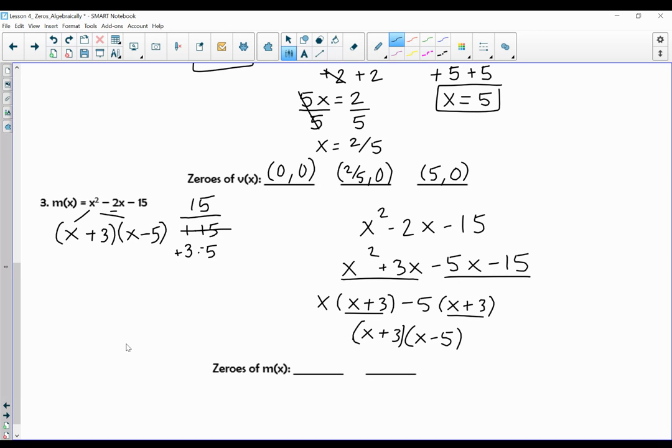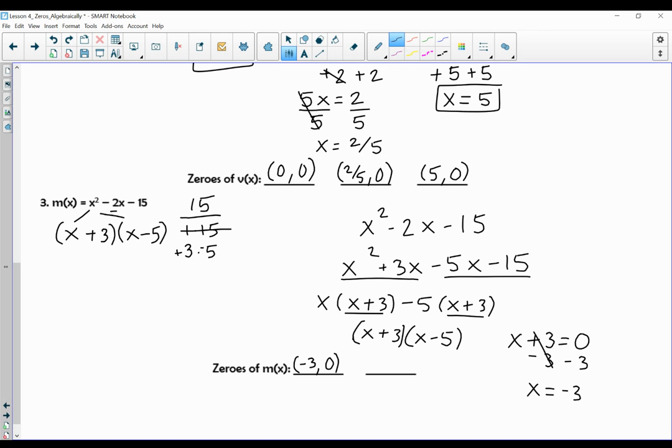Now that they're factored, we can see, all right, well, if I set x plus 3 equal to 0, I have to subtract 3 from both sides. Whatever you do to one side of an equation, you do to the other. And I get x equals negative 3. So one of my zeros is negative 3, 0.